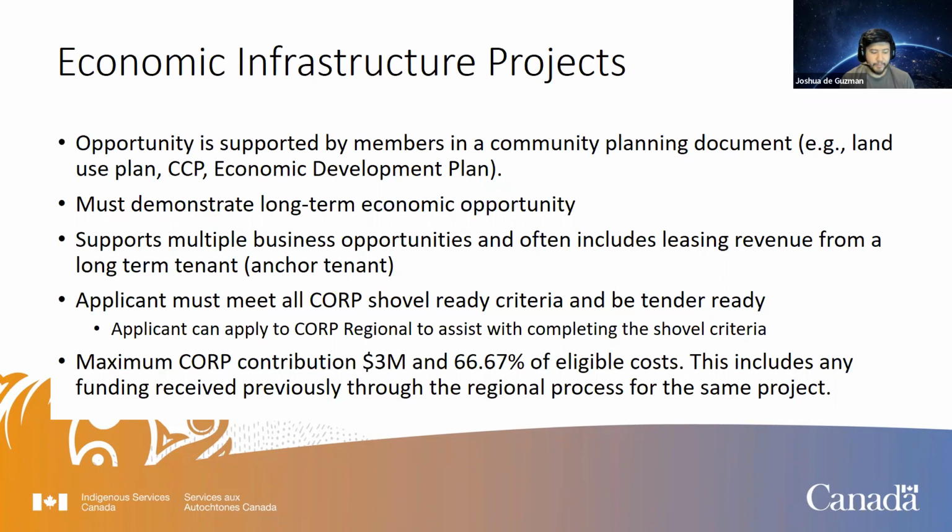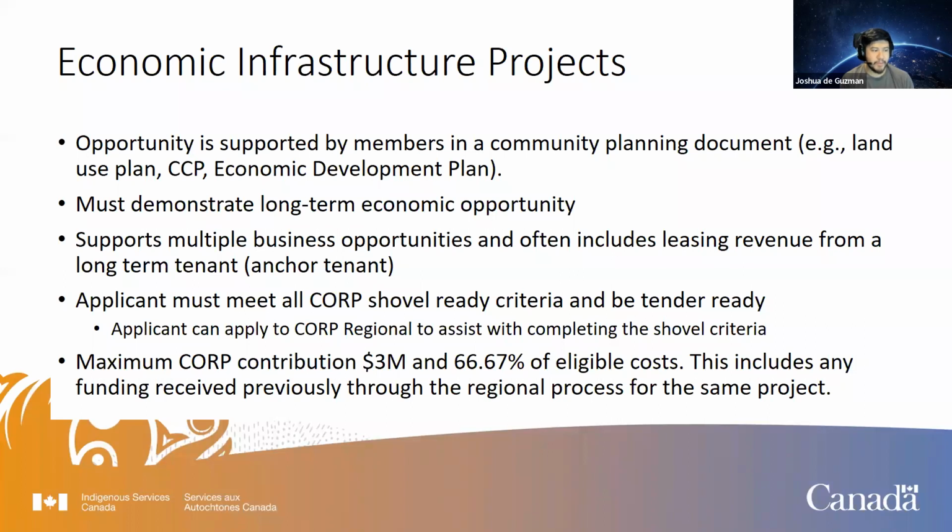They must demonstrate that it's a long-term economic opportunity, like a business park or a large-scale economic development opportunity, and we can see that it's viable. It should support multiple businesses and often includes leased lots for other businesses and spin-off businesses, and there should be a long-term anchor tenant.